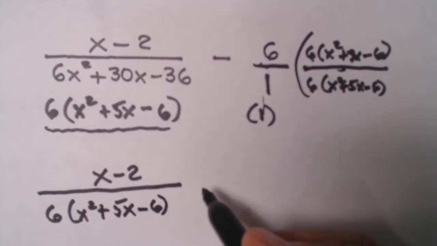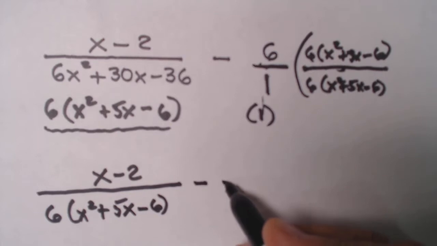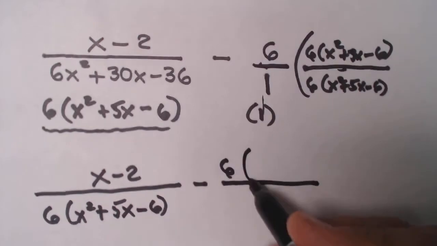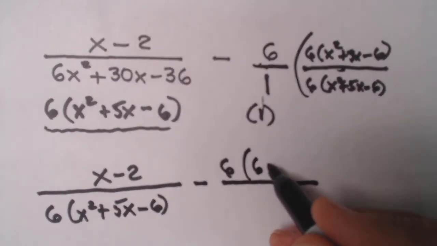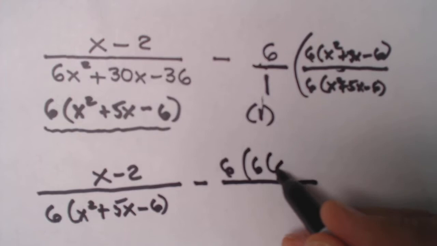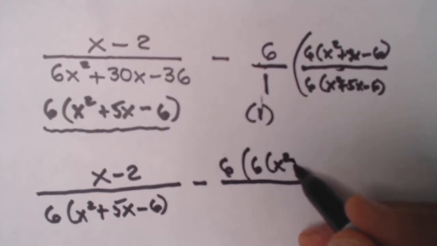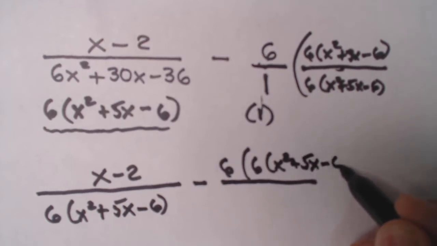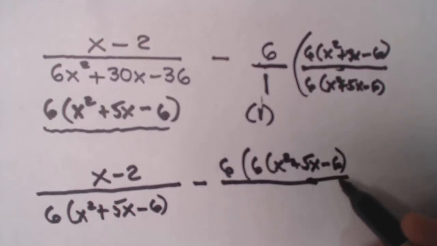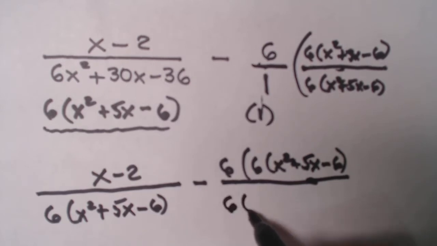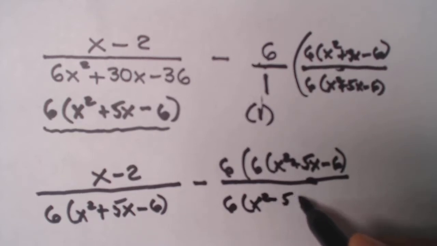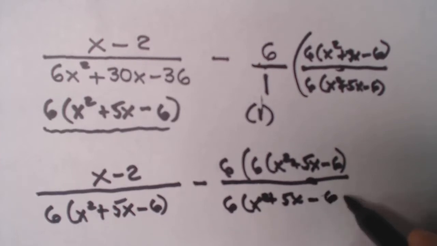Okay, now minus, now over here I'm going to have 6 times, and in the parens here, 6x squared, 6 times again, x squared plus 5x, minus 6. Okay, and that of course is over our common denominator here, namely 6 times x squared, oops, I should say plus 5x minus 6.